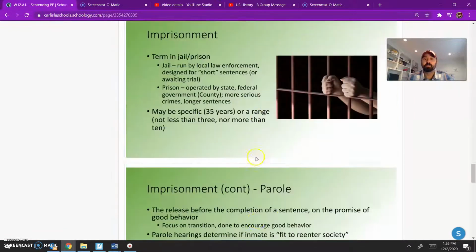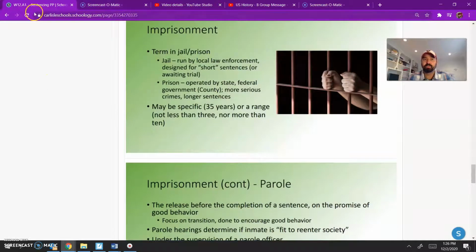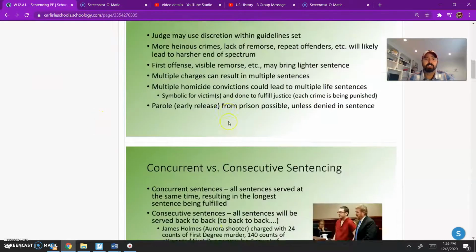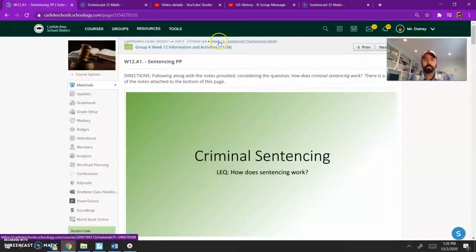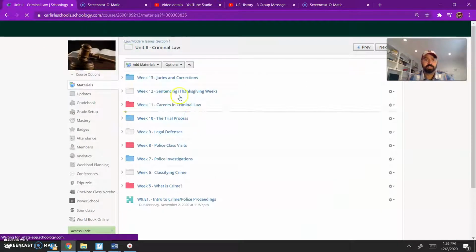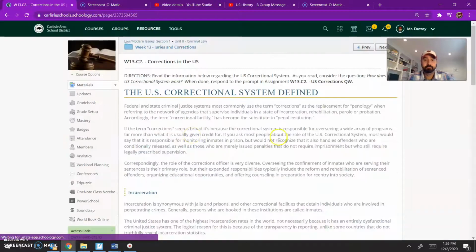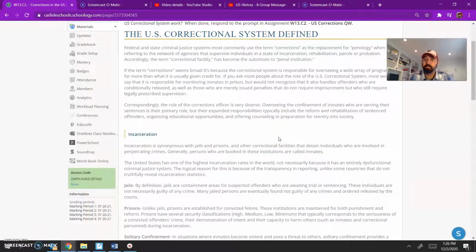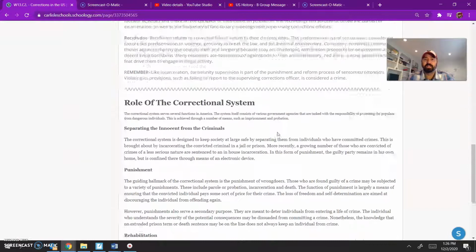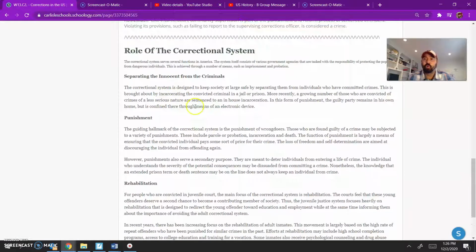We're going to be talking specifically about imprisonment with this, the idea of corrections. It's talking about the correctional system defined, what the different aspects of it are, and then its role in society.